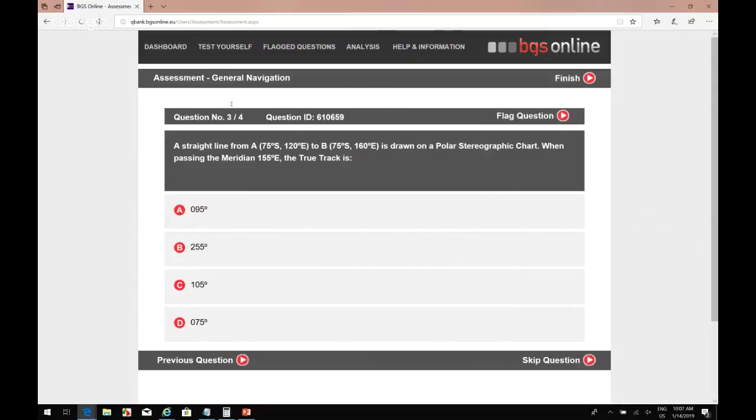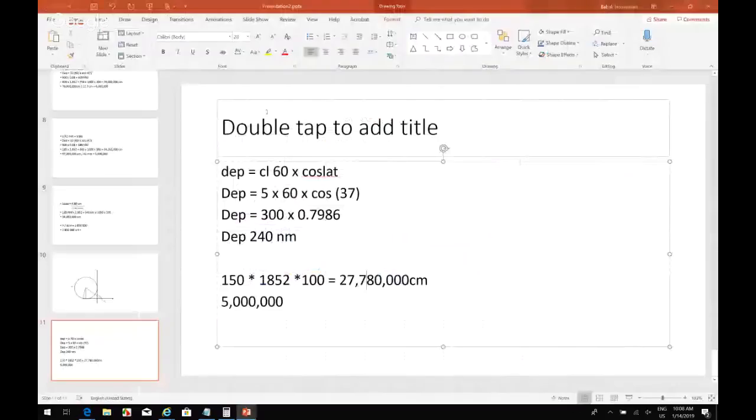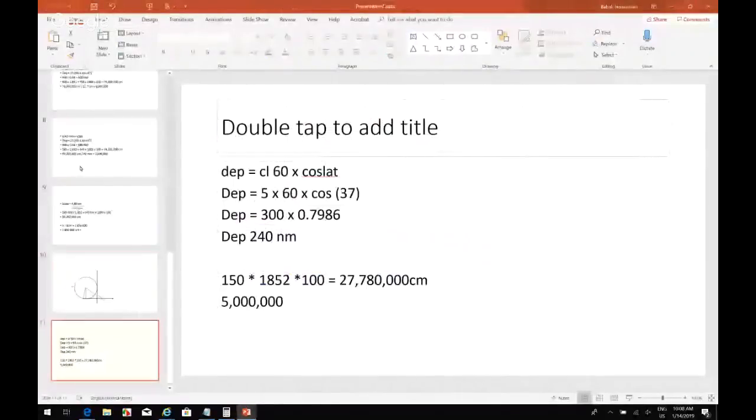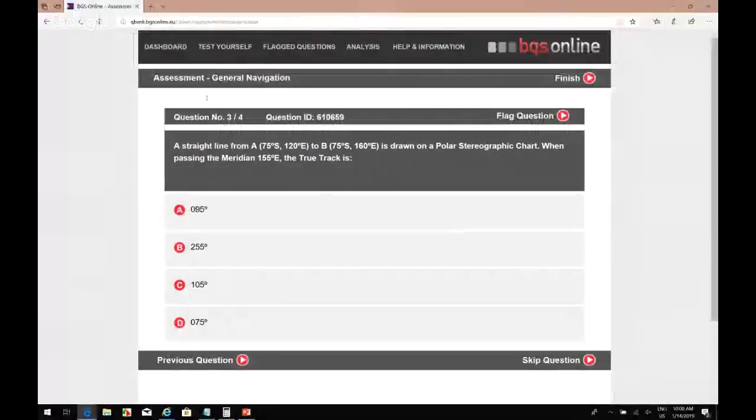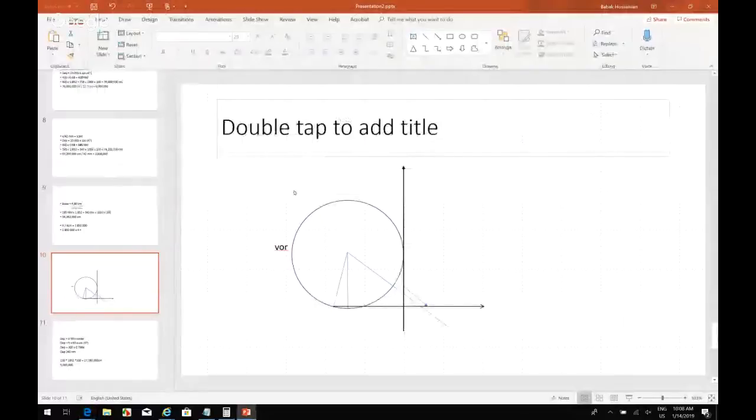A straight line from 120 to 160 east at 75 degrees south is drawn on the polar stereographic chart. When passing meridian 155, the true track is, so we've got 75 south. 120 east to 160 east. Let's move this stuff out of the way.